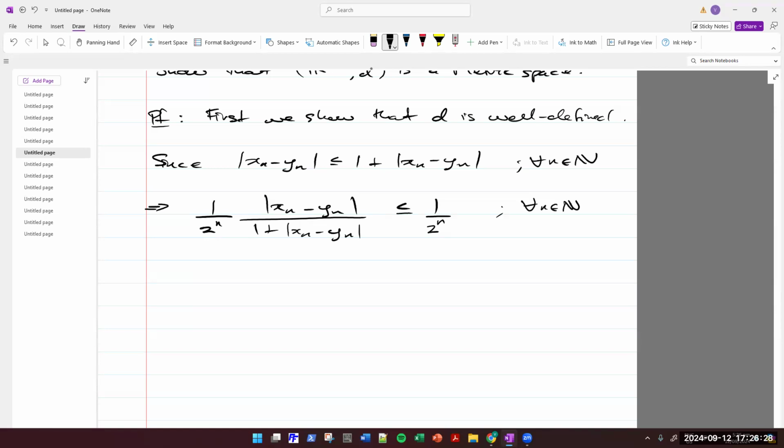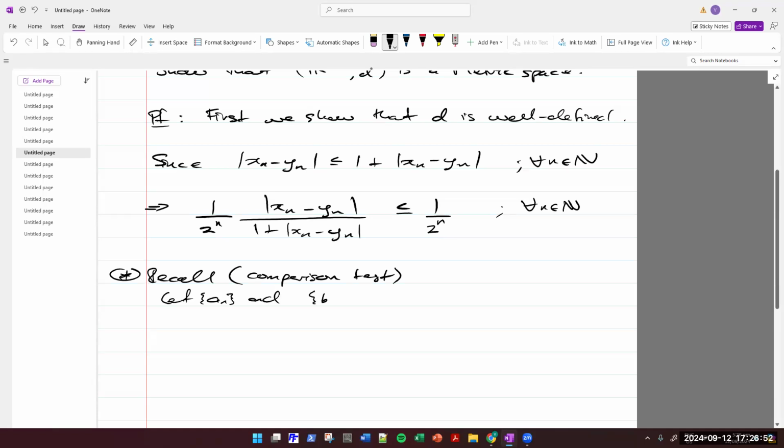So recall the comparison test. That says let a_n and b_n be sequences of non-negative real numbers such that the a's are dominated by the b's.